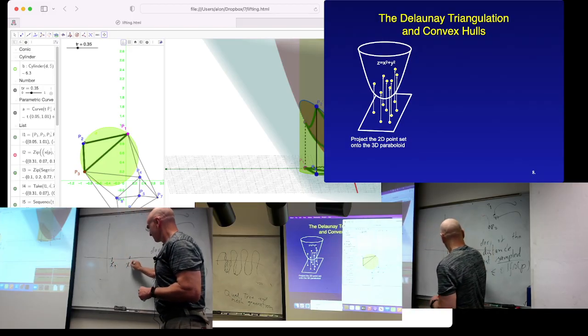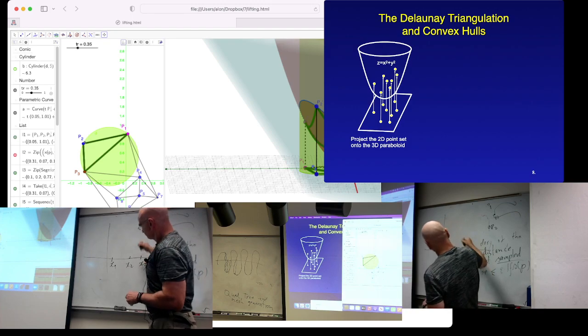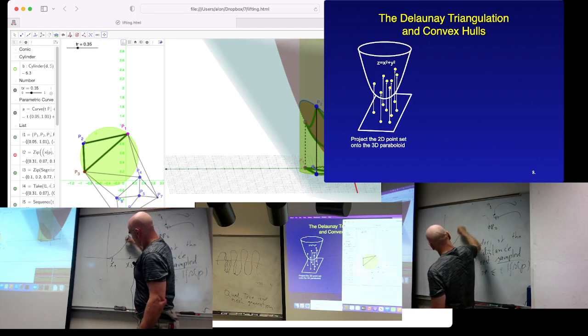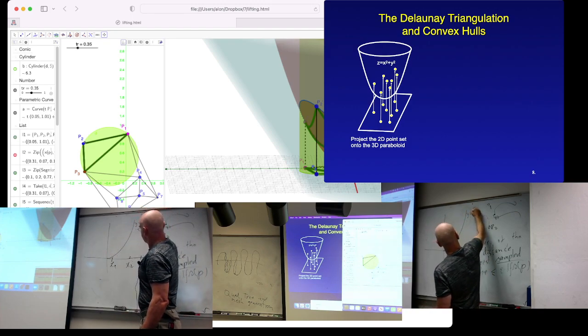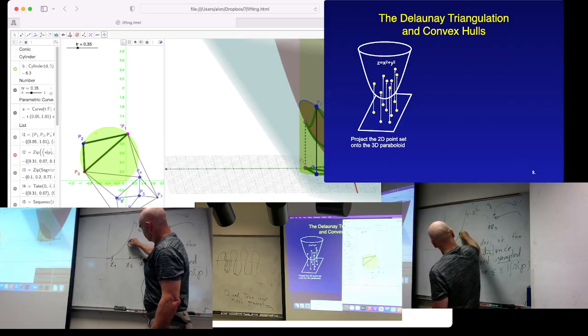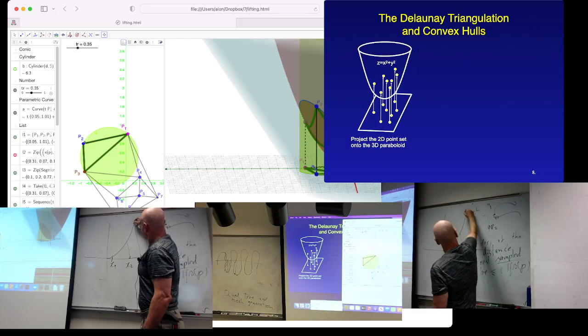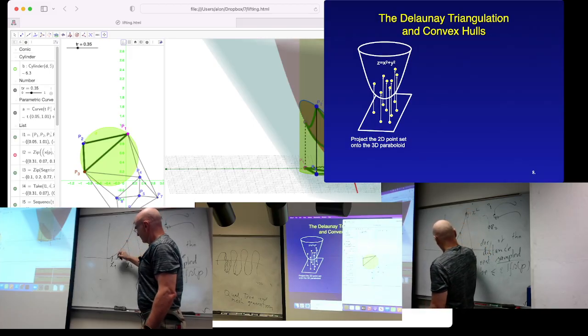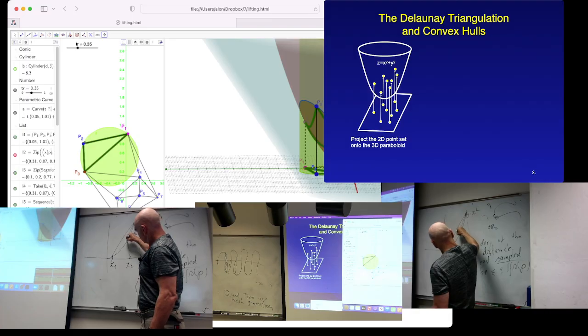x1, x2, x3. I look at the parabola y equals x squared. Look at x1, look at x2, look at x3, these 3 points, and I created their convex hull.